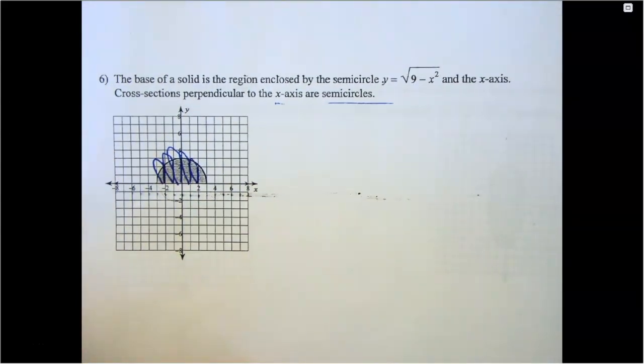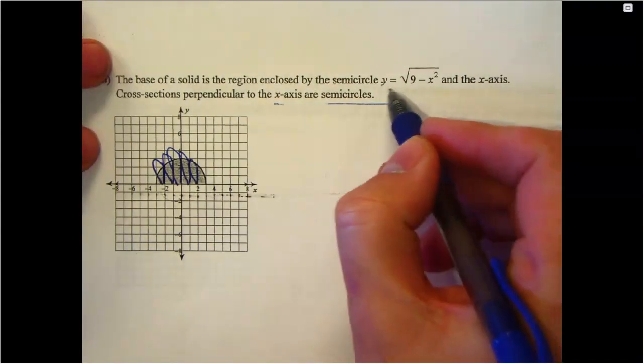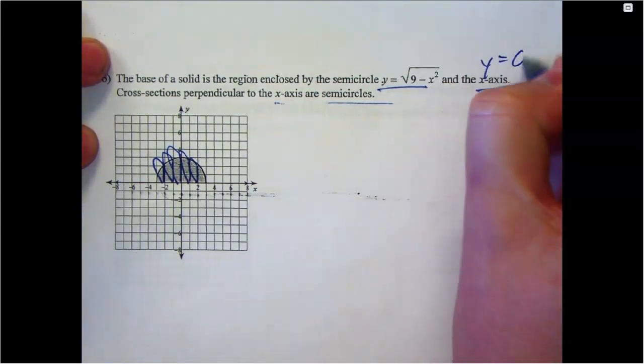The bottom is 0, because they give you this equation and the x-axis. The x-axis is y equals 0.